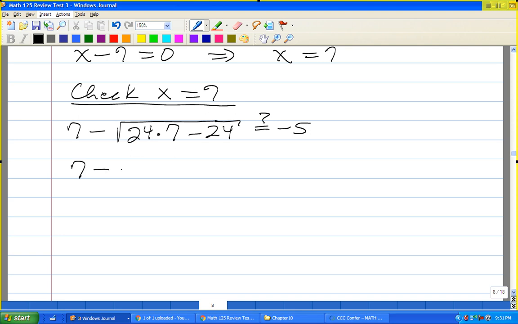Is 7 minus the square root of 24 times 7, 168, minus 24, equal to negative 5? And so 168 minus 24 is 144.